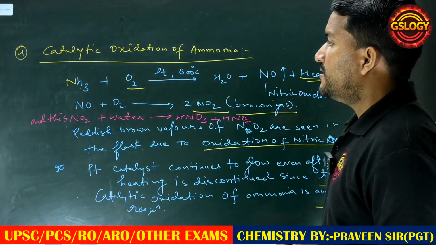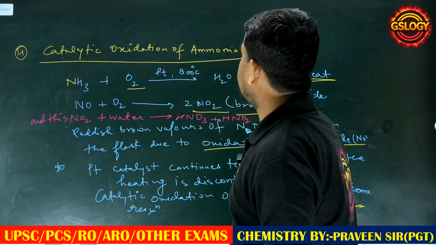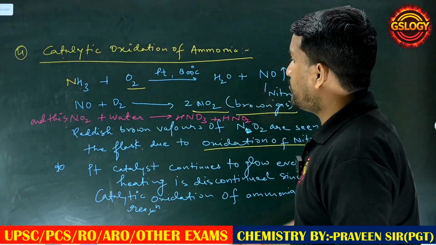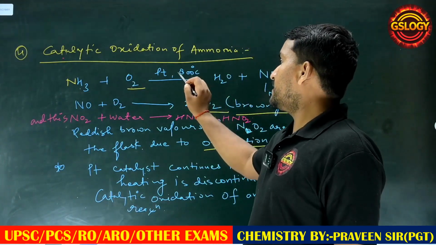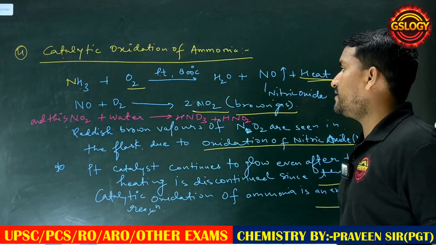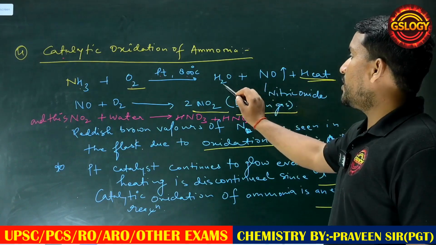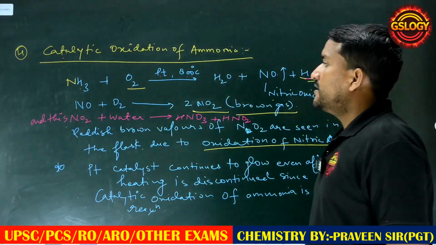Got it, everyone? Next topic is the catalytic oxidation of ammonia. When ammonia reacts with oxygen at 800 degrees Celsius in the presence of catalyst Pt, it forms water and nitric oxide and also heat.